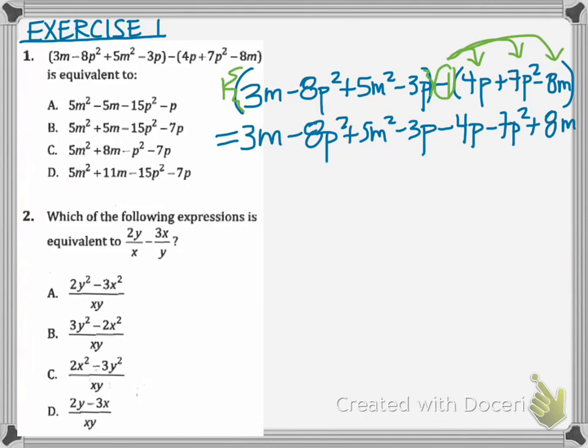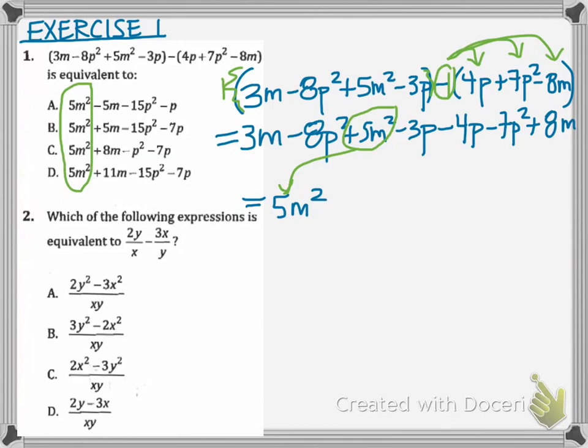Now we're going to look for like terms. Now we have a lot of different variables here. So if I look at my answer choices, they all start with 5m squared. So I'm going to start with my m squared term, and the 5m squared is the only one that is the m squared. So we're going to put that one first. So 5m squared.